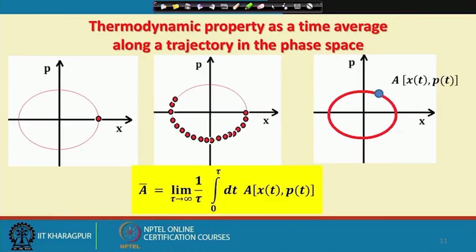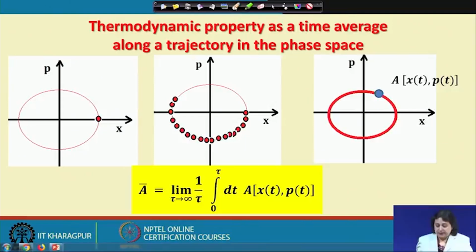So A bar must in that case be equal to the ensemble average of A. So, there are systems where A bar is equal to the A ensemble average, okay? And those systems are known as ergodic systems.